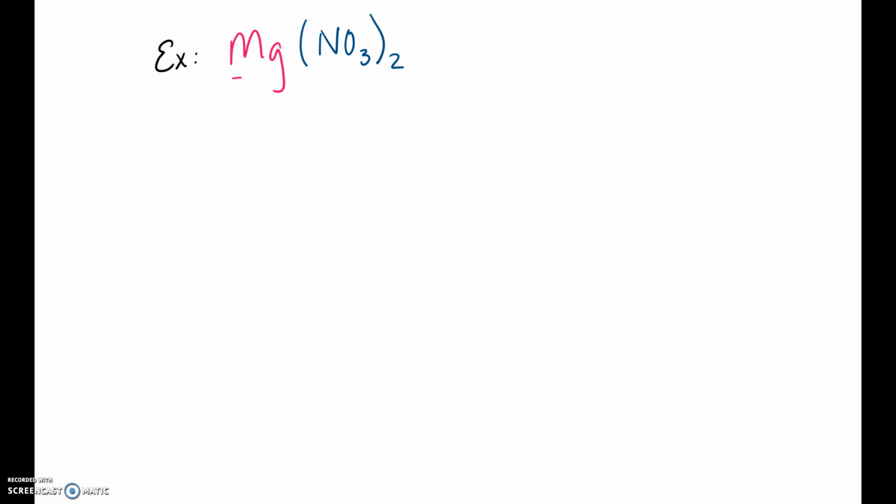Remember, the cation is always the one that's written first. So the cation here is magnesium. This is an element, it's an elemental ion. And so we don't have to worry about the polyatomic ions here.